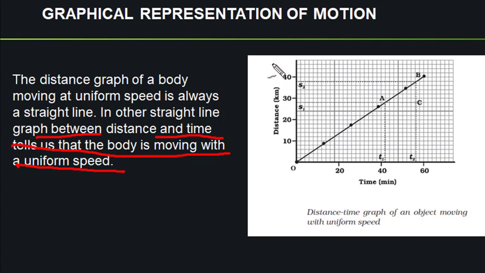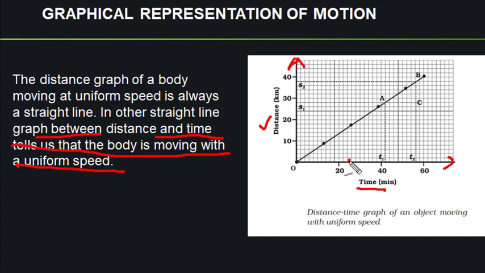If you see here, on the y-axis we have the distance and on the x-axis we have the time. So this is a distance-time graph. Now in uniform speed, this graph of distance versus time is always a straight line. For example, here the distance traveled is 10 kilometers and this is the time here.